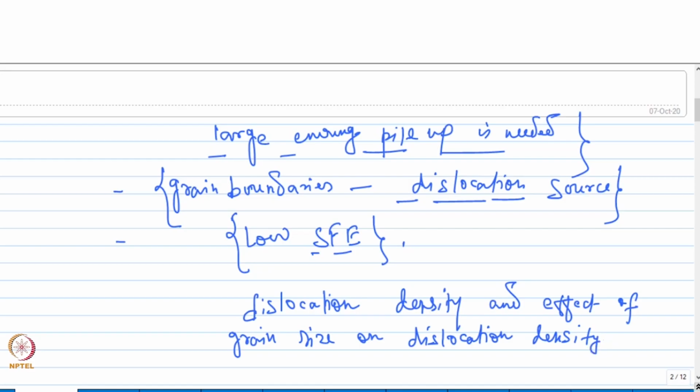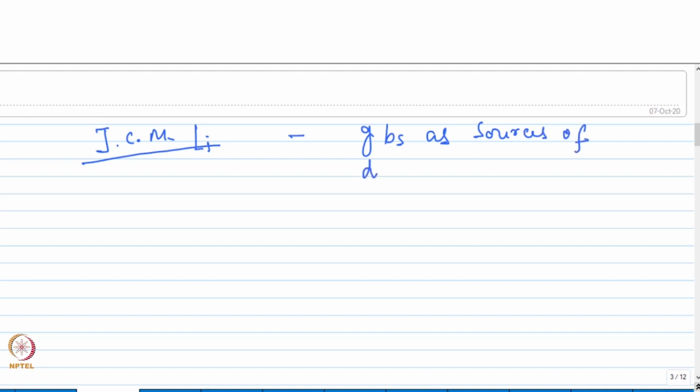One such theory or model was proposed by Li. So this basically considers grain boundaries as sources of dislocations, and therefore the dislocation density would depend on the grain size.